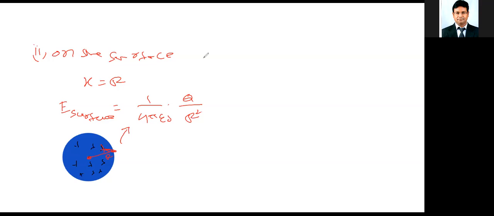That means the electric field on the surface is acting as if the whole charge is present at the center. So I can simply replace all these charges with a single charge q here. Even a solid sphere is acting like a point charge.